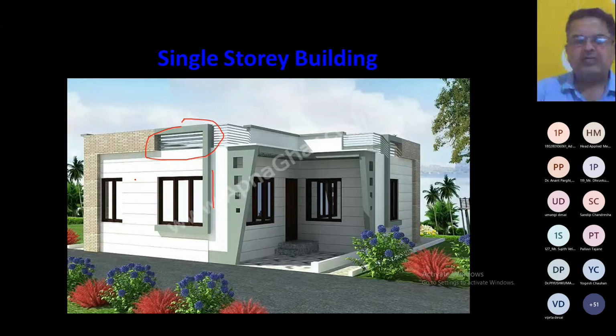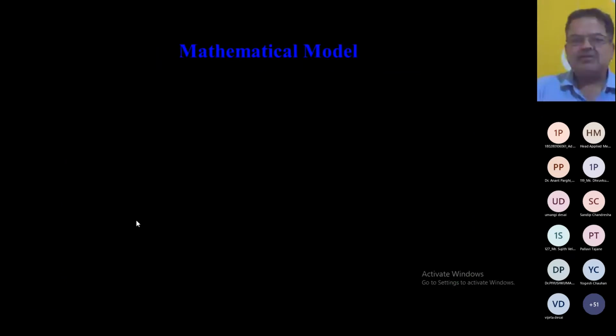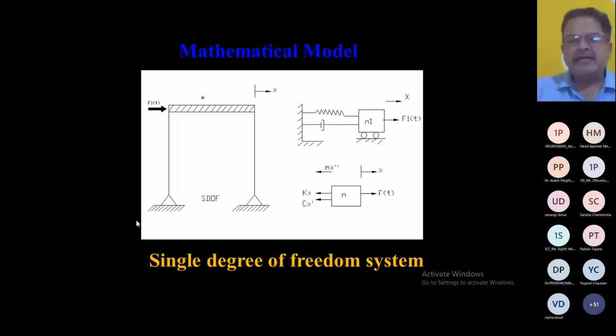This is the wall, so it is supported on a wall, and maybe it is basically a masonry structure. So walls are the primary structural member, and then we have a model like this, that there is a heavy mass at the top. It's supported on the columns, right?